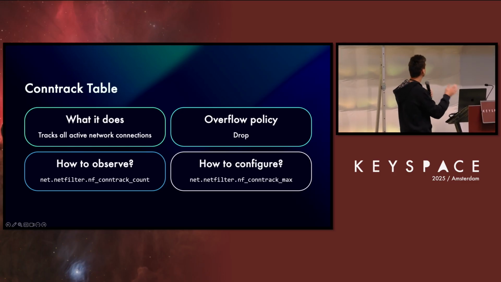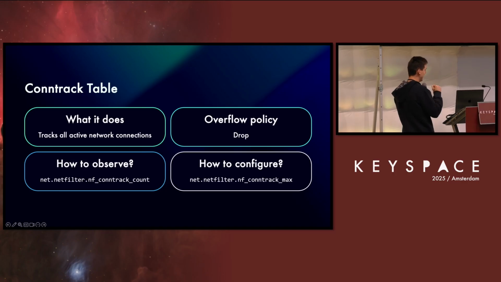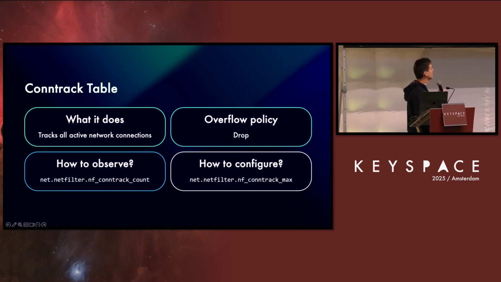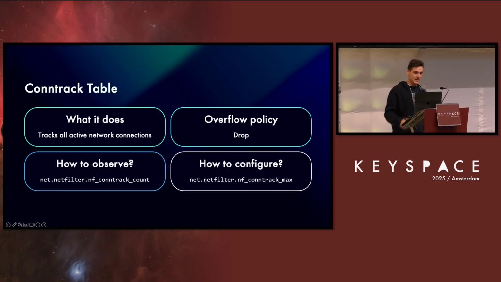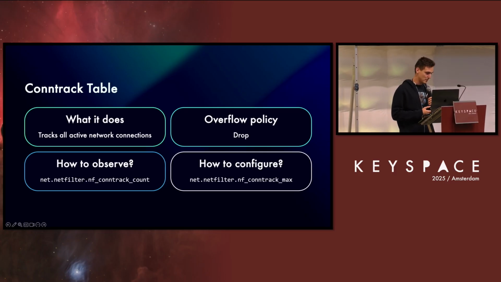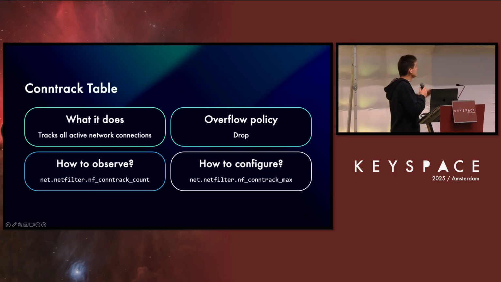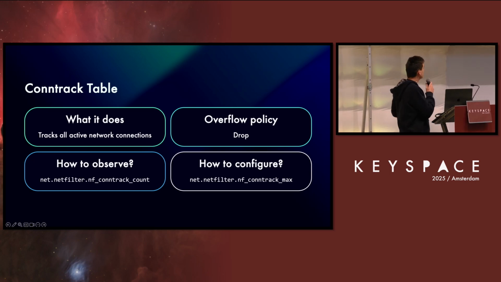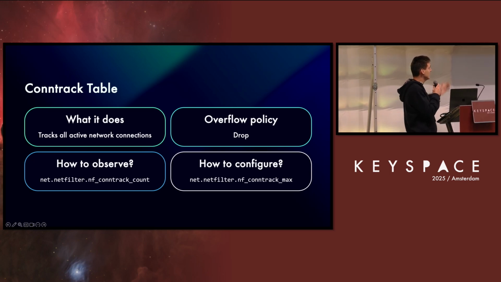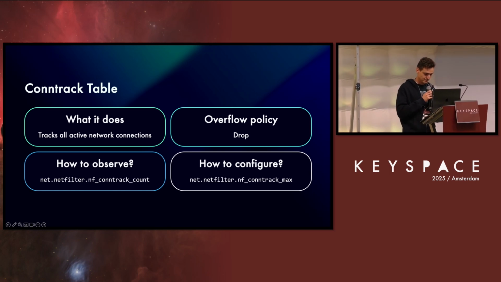If you're in the cloud, you have it. And the size is limited, right? So when this table overflows, your new connections just get dropped. There's a metric by the kernel that you can observe. You of course can configure the size.